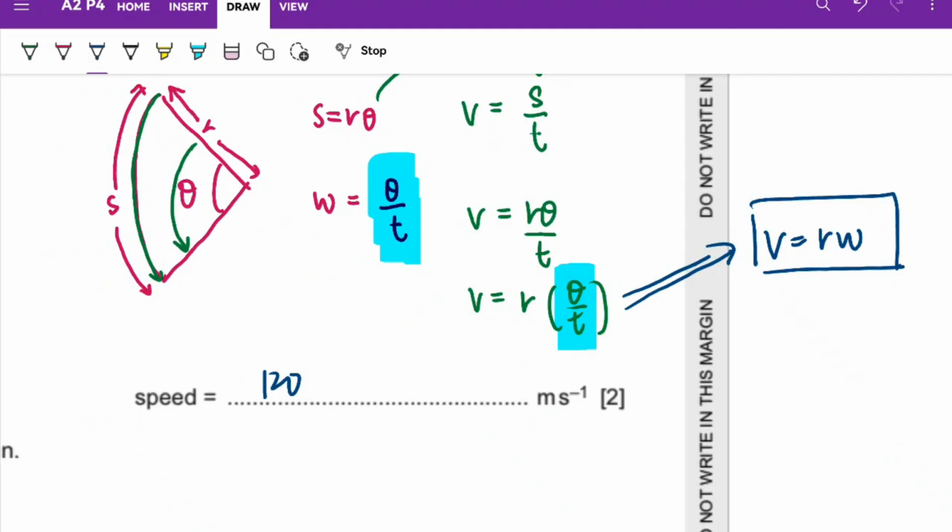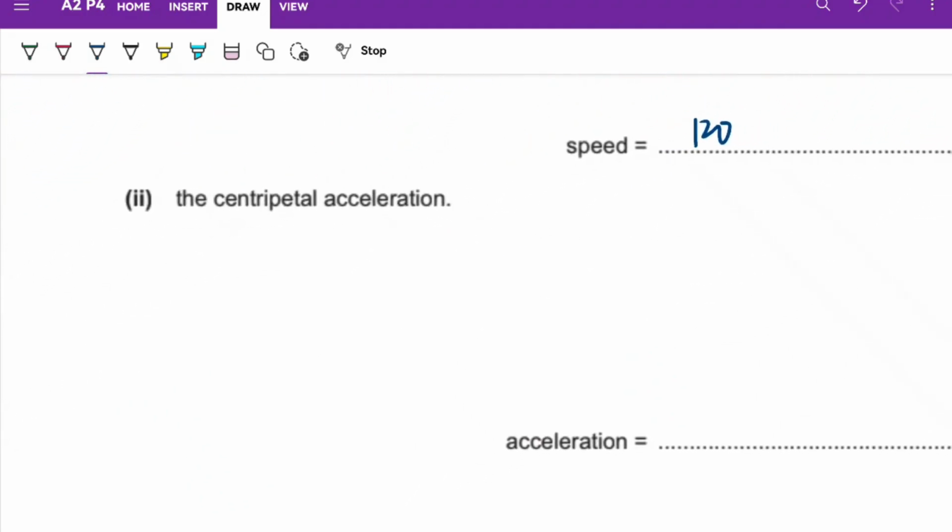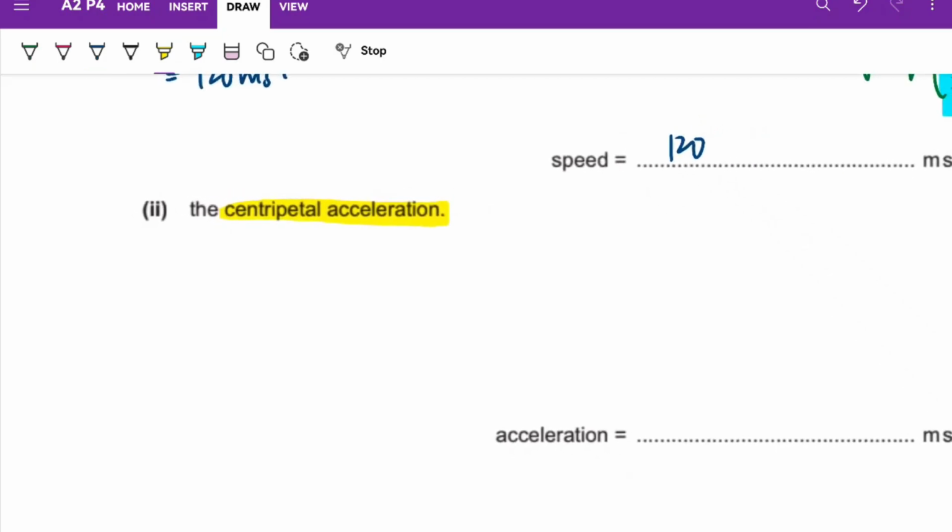Okay, moving on to part 2: find the centripetal acceleration. Centripetal acceleration has two formulas. There are actually two ways to do this. First way, we can just use the normal formula from the centripetal force, so we get acceleration equals v squared over r.